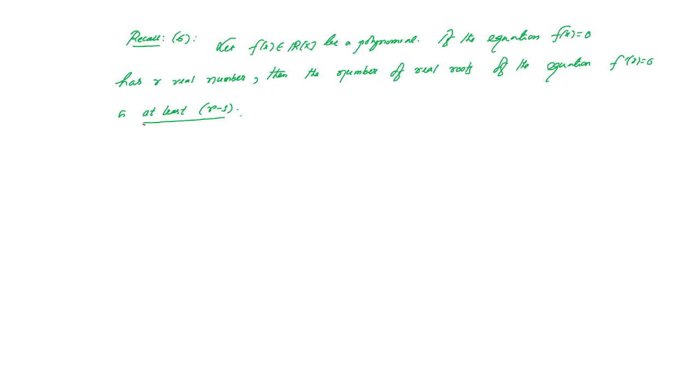Here you will see, because between any two consecutive real roots of f(x) equals 0, there exists at least one real root of f dash x equals 0. That's why at least r minus 1. Now we come to one important problem.